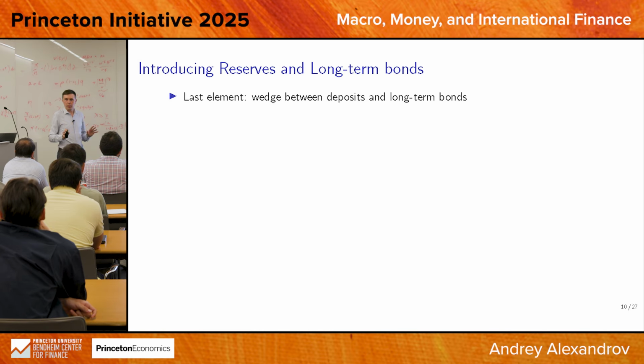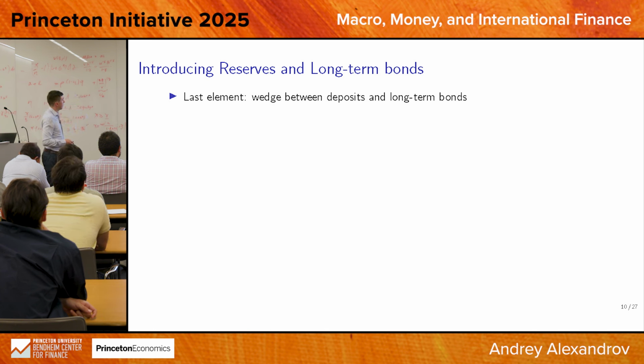That's not going to be optimal from the point of view of the planner, nor something that we want to have as part of the model. In that sense, I think we could include something like CBDC, but as long as you still have a wedge between CBDC and long-term bonds, I think that should still work.